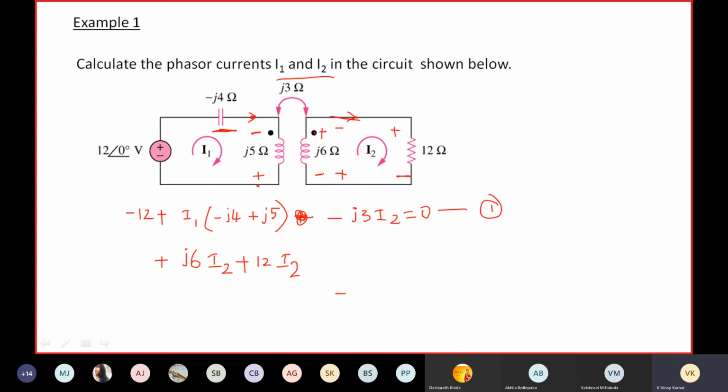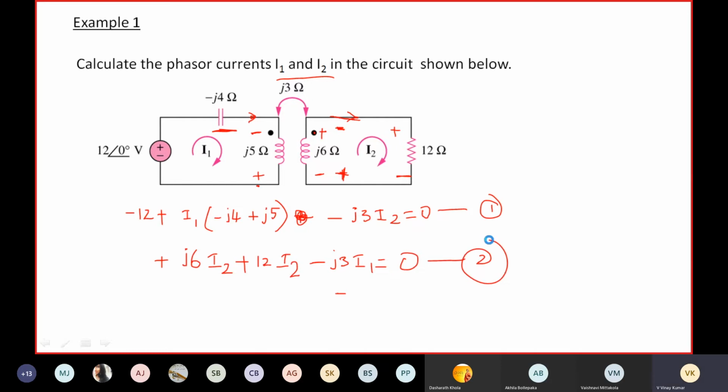Anyhow, you are collecting voltage at this point with respect to this point, which means you are collecting negative voltage. Then minus j3 I1 is equal to 0. This is equation 2.